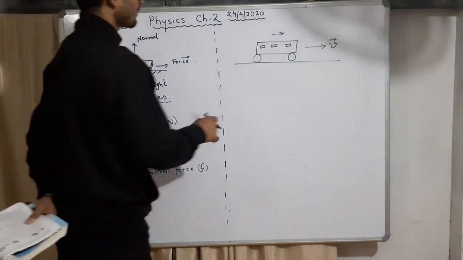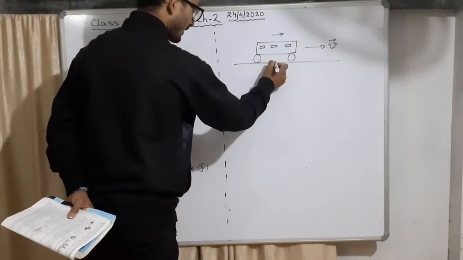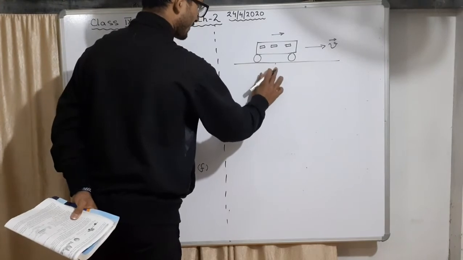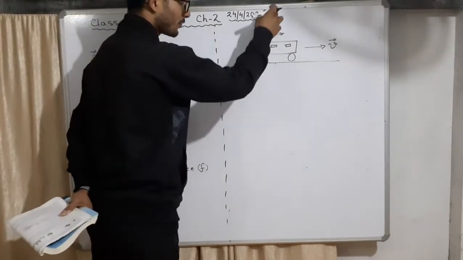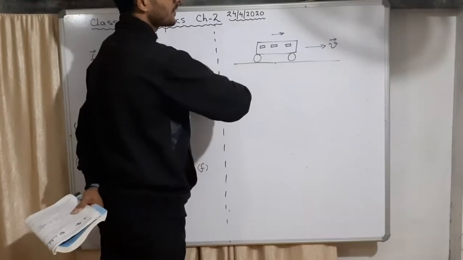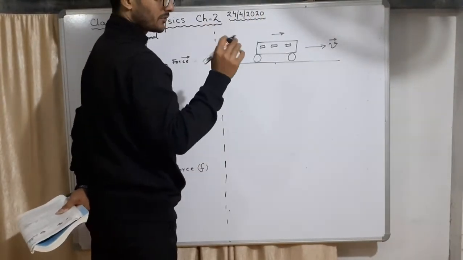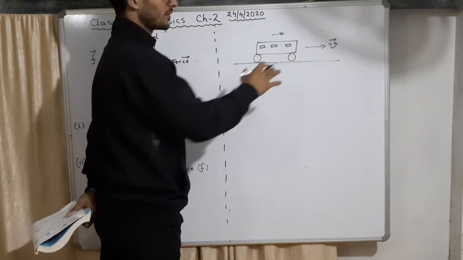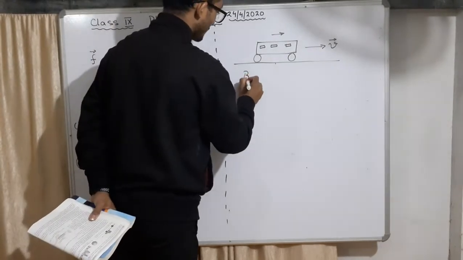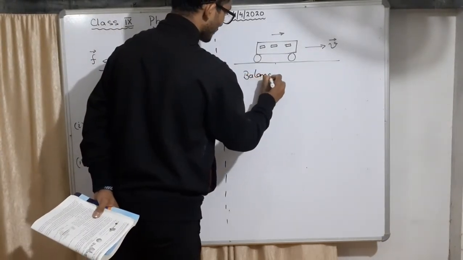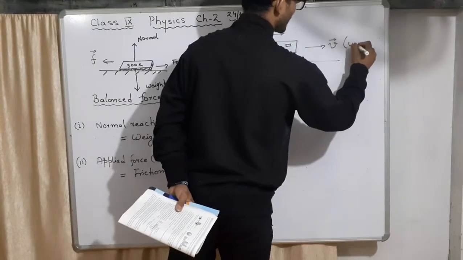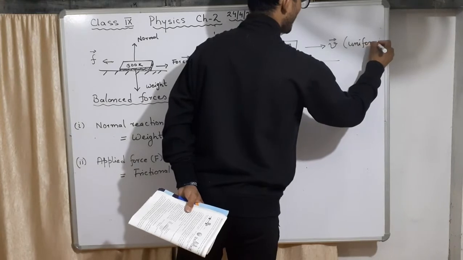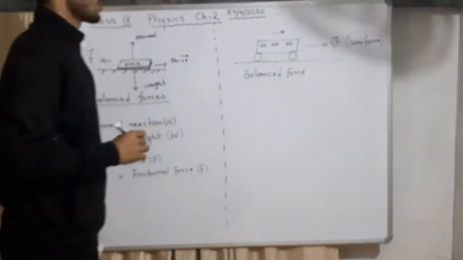Otherwise, you can understand there is some force already acting downward, normal acting upward. If we apply force, these forces are still acting, still it is moving in the same direction in the same way, no change in the velocity. That means this is also an example of balanced force, if it is uniform. Okay, in the uniform balanced force.